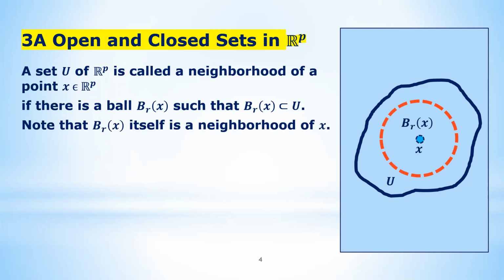One thing we know from here is that the ball B(r, x) itself is a neighborhood of x, because the ball contains itself, so it satisfies the definition. So any open ball is a neighborhood of x.